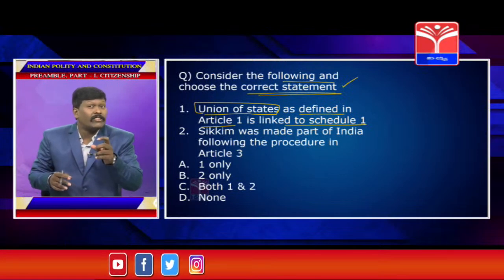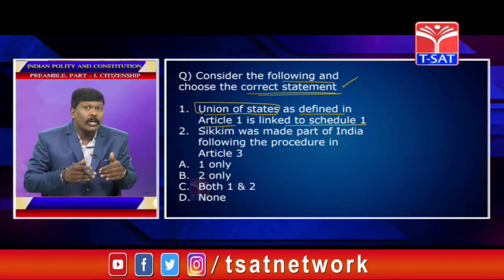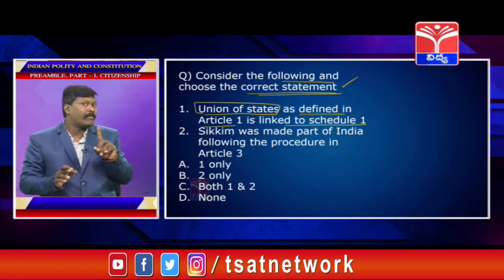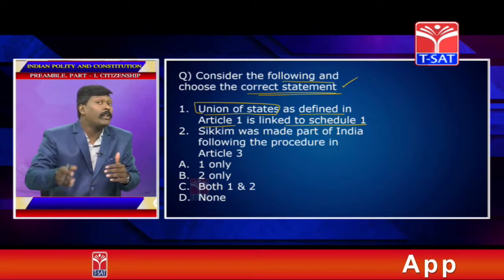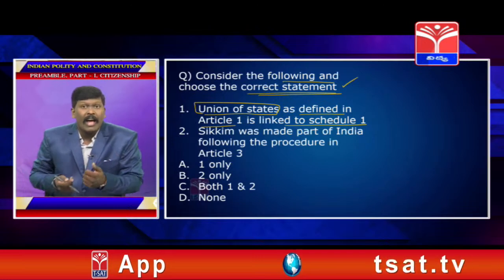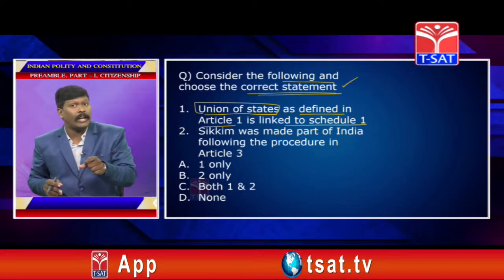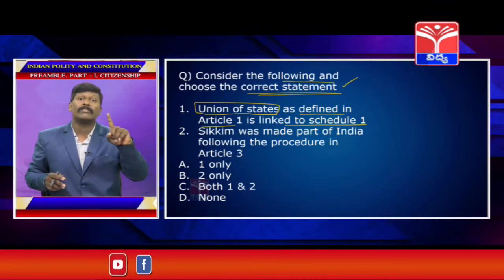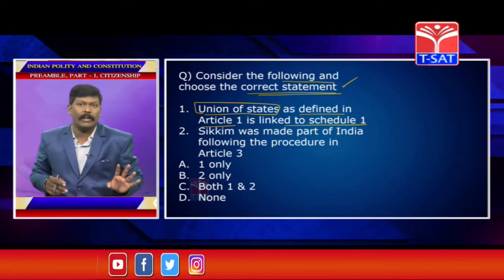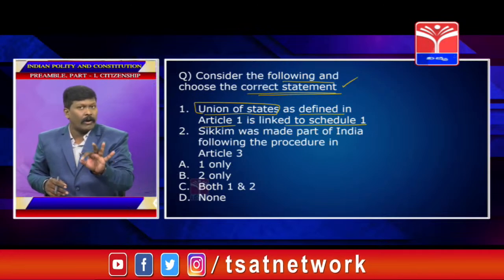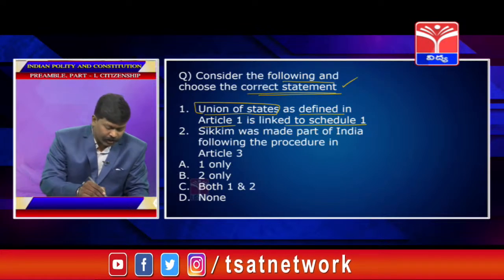India, that is Bharat, shall be Union of States, not Federation of States. It is called Union of States. Now, what is Union of States? According to Article 1, Union of States are those states which are mentioned in Schedule 1 of the Constitution of India. So, according to Article 1, this statement is correct.